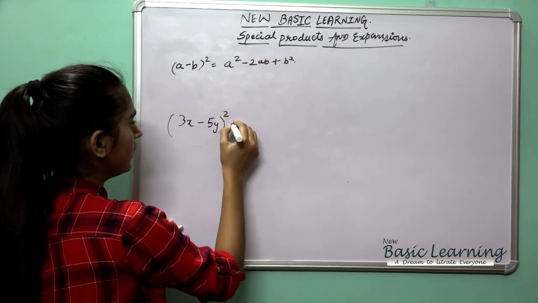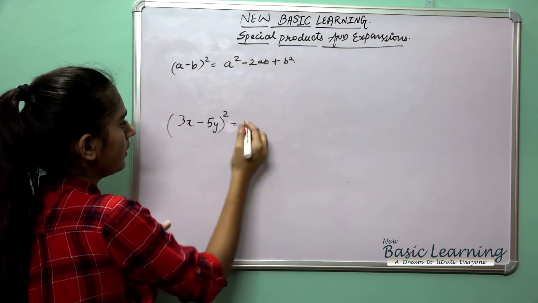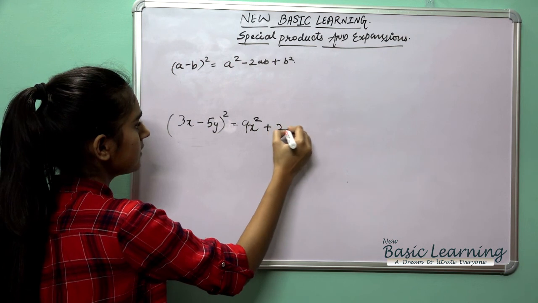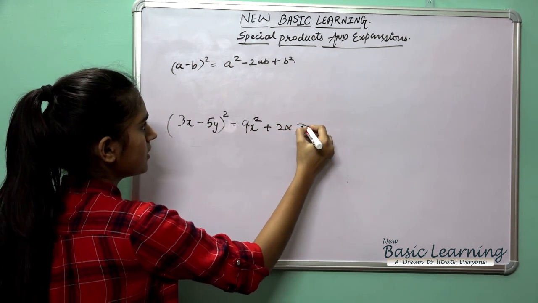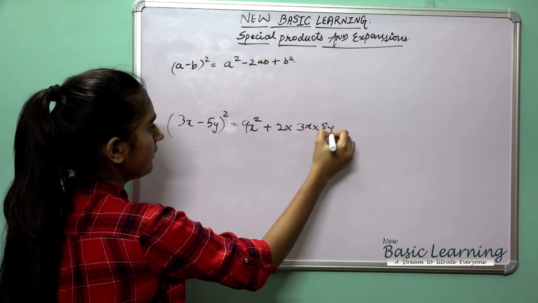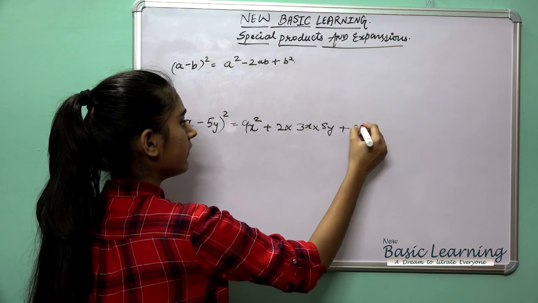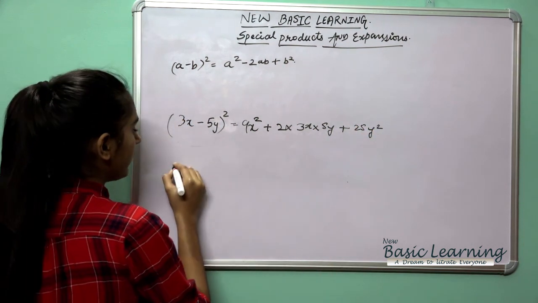Now let's put the values. That is 3 into 3, 9, x into x, x square, plus 2 into 3x into 5y, plus 5 into 5, 25, y into y, y square. Now let's calculate it further.